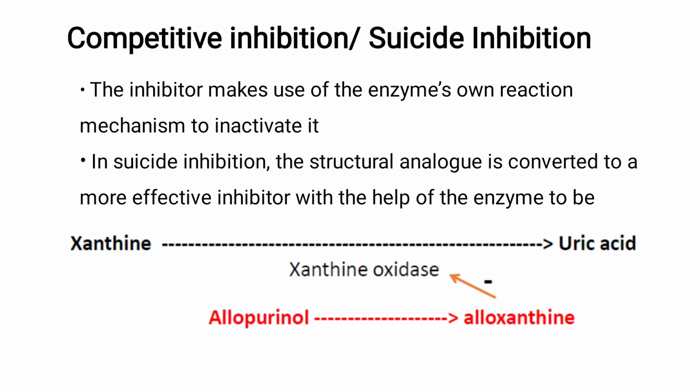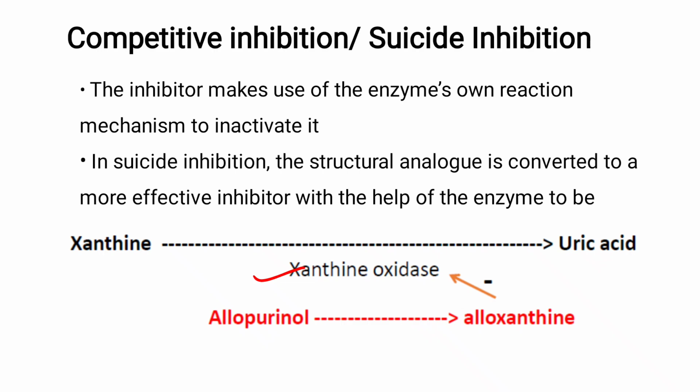Now let us learn how allopurinol actually decreases the symptoms of gout. Allopurinol acts as an inhibitor of the enzyme xanthine oxidase, which is the rate limiting enzyme of the purine degradation pathway.